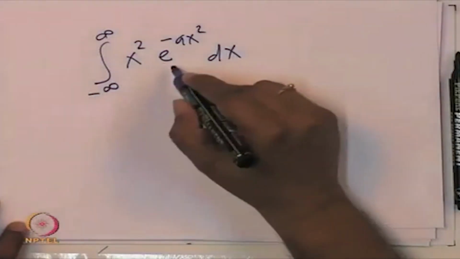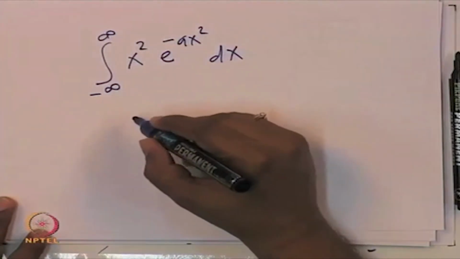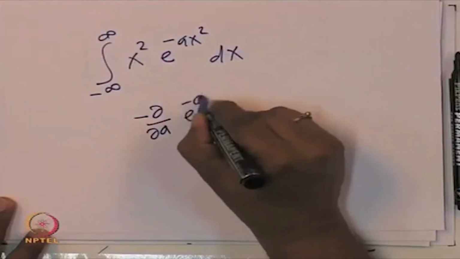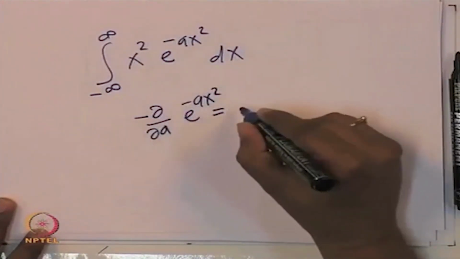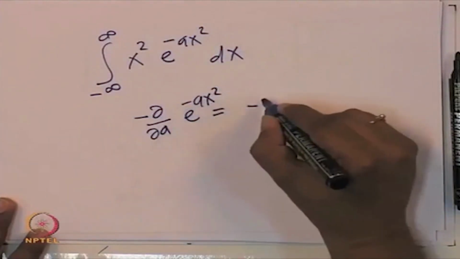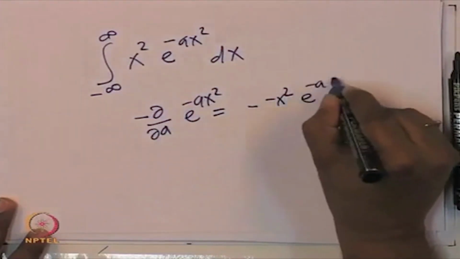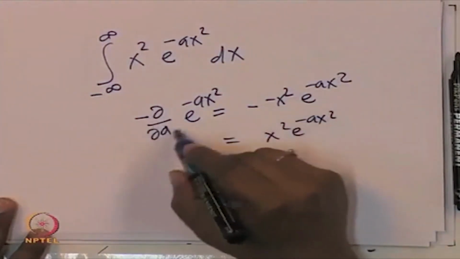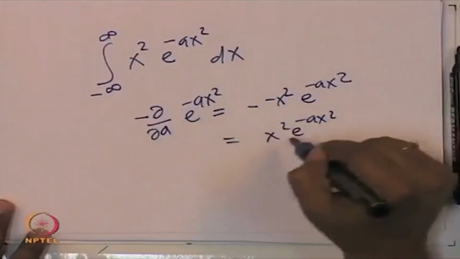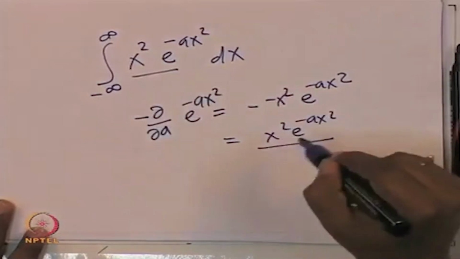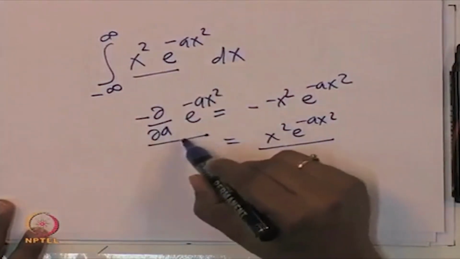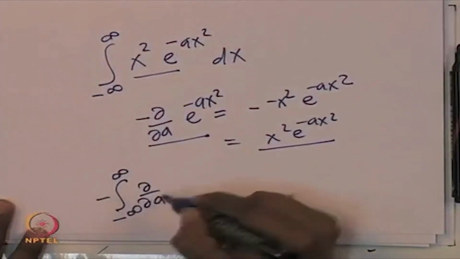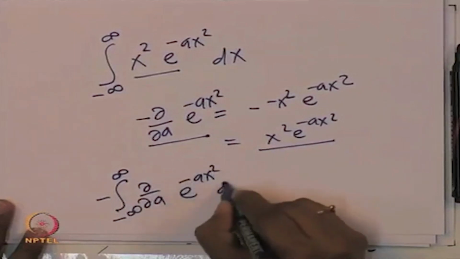Now, if you look at this carefully for a minute, as we said before, minus del by del a of e power minus a x square is nothing but x square e power minus a x square. So, instead of this I can write this: integral minus infinity to infinity minus del by del a of e power minus a x square dx.